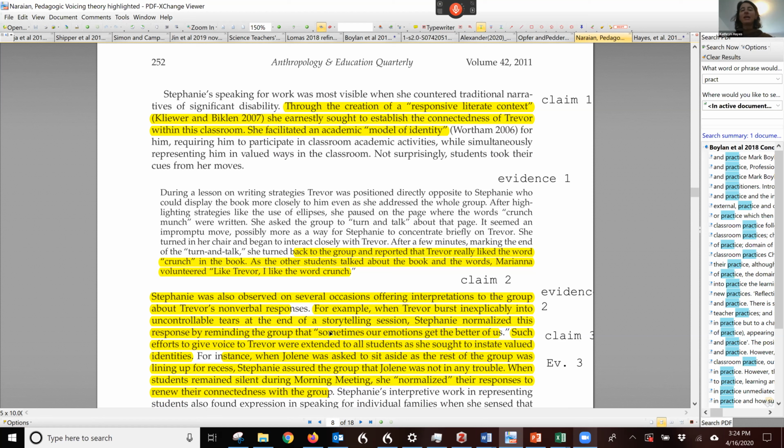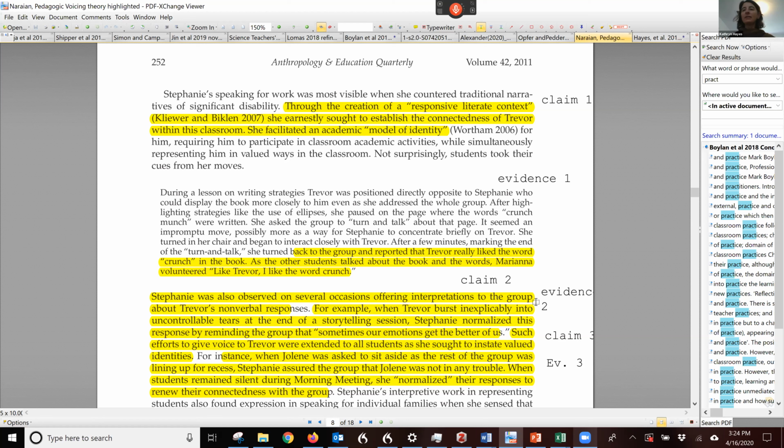Now she has another claim. Stephanie was also observed on several occasions offering interpretations to the group about Trevor's nonverbal responses, because Trevor's nonverbal. Okay, then she gives evidence. For example, when Trevor burst inexplicably into tears at the end of a storytelling session, Stephanie normalized this response by reminding the group that sometimes our emotions get the better of us.